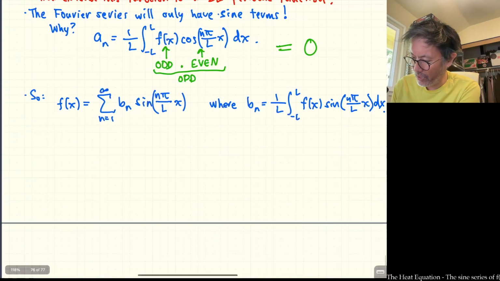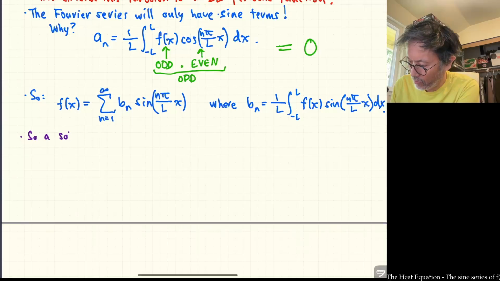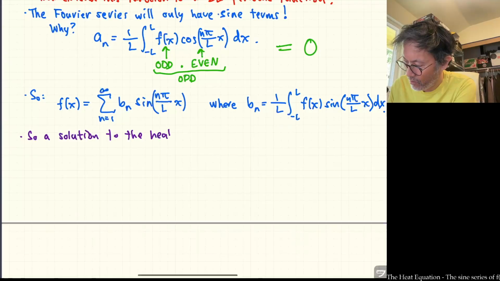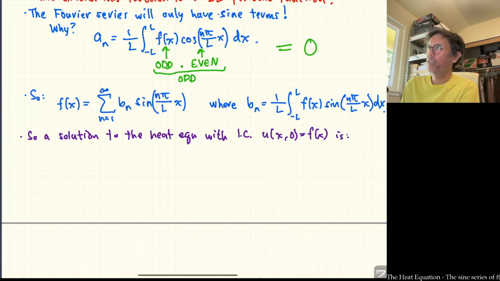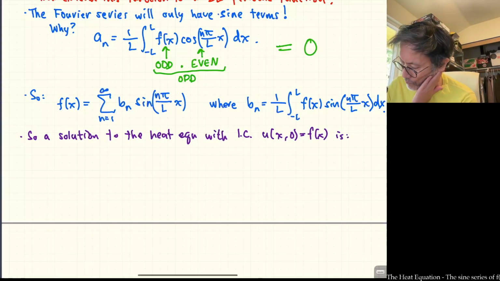Let me write all this down. So a solution to the heat equation with initial conditions given by u of x comma 0 being f of x is the following. We're going to have u of x comma t.